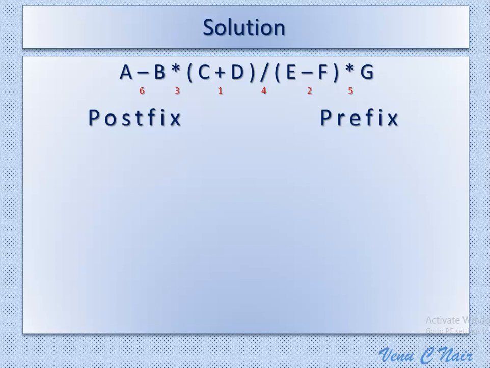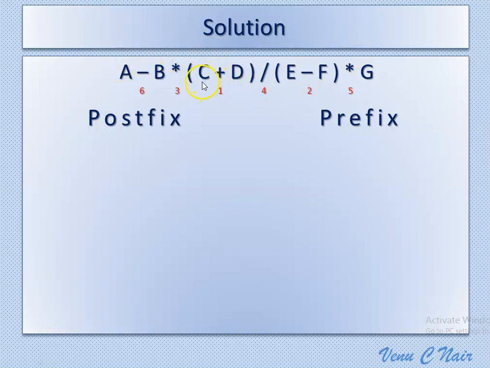That is the question given to us. A B plus will be the postfix operation, plus A B will be the prefix operation. So at each step, we will be having only two operands and one operator.